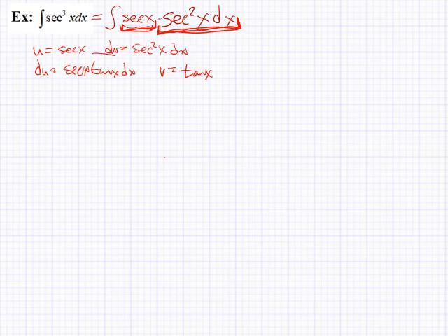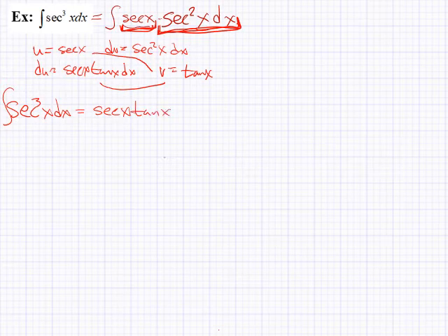So if I did u times v minus the integral of v du, I would get this: the integral of secant cubed x dx equals secant x tan x minus the integral of secant x times tan squared x dx.